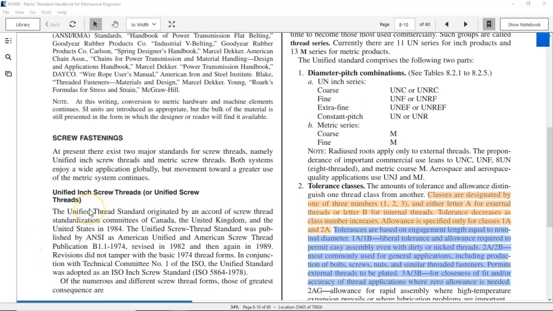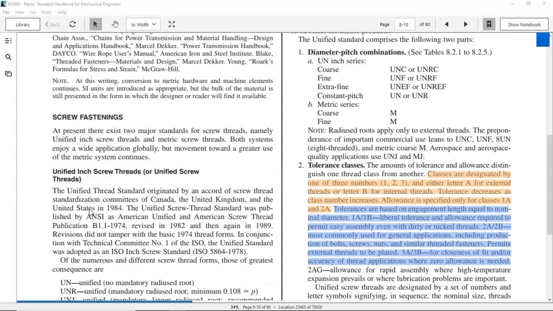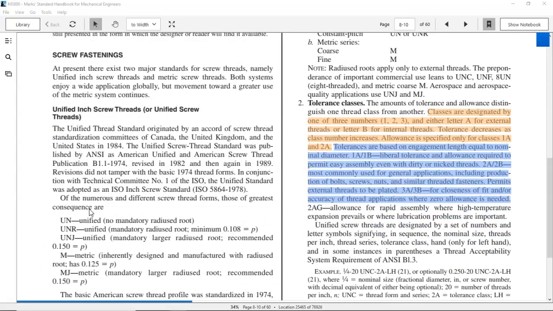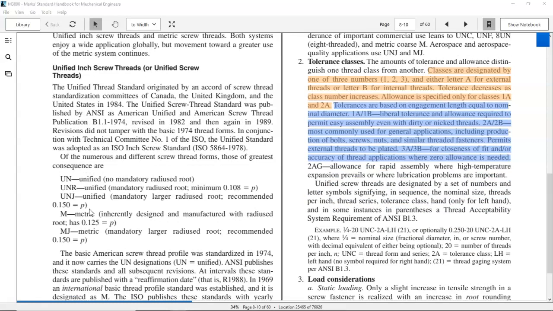This is the Machinery's Handbook. We'll just refer to some of the terminology. So the inch screw threads have the Unified National, with a root radius and a larger root radius, and the metric with the mandatory larger root radius.